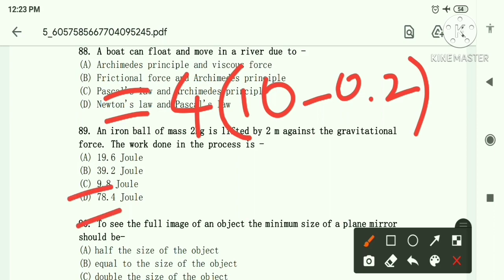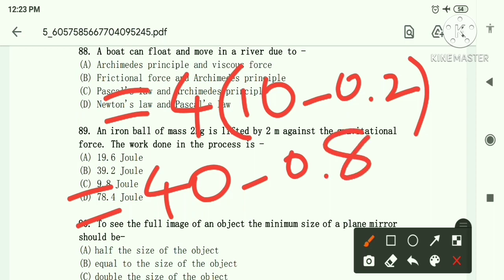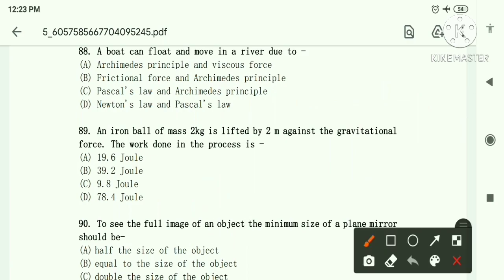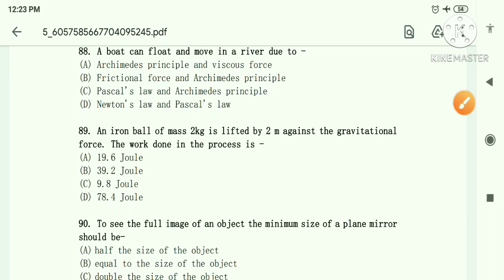So 4 tens are 40 minus 4 into 0.2, so here it is 0.8. So 40 minus 0.8 is 39.2. So the option B is right, 39.2 joule. Okay, now let's go to the next question.